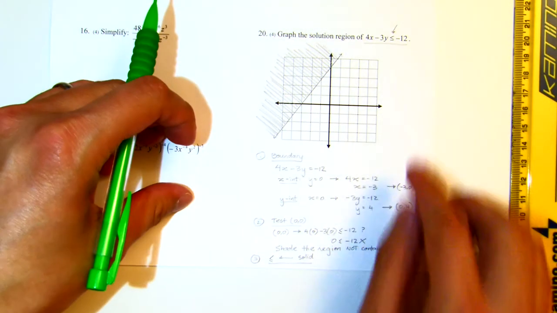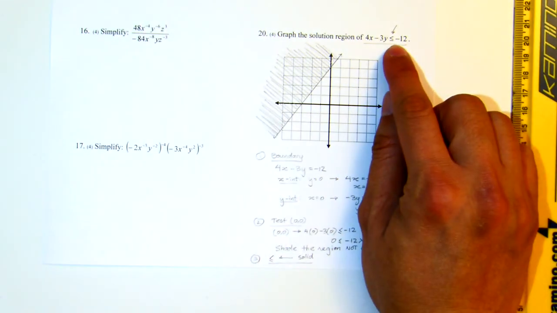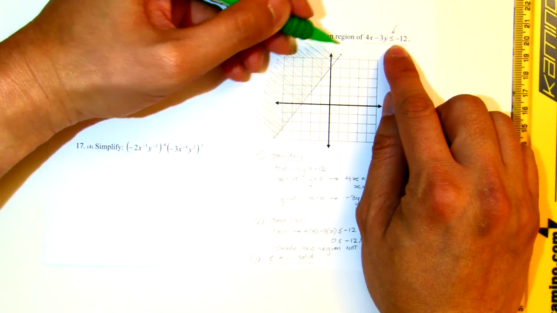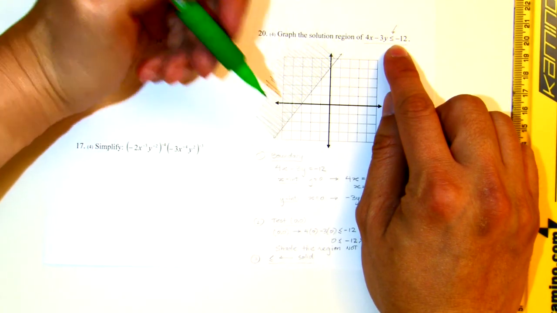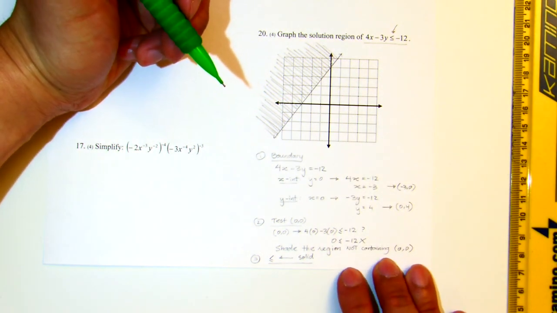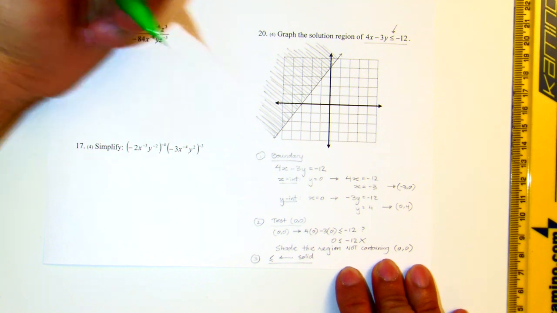Now if the inequality does not have an equal sign there, then you need to change this when you draw the line, make it into dashes, or some people call that a broken line. Okay, that's for Spring 2011 Math 115 Test 3, number 20.